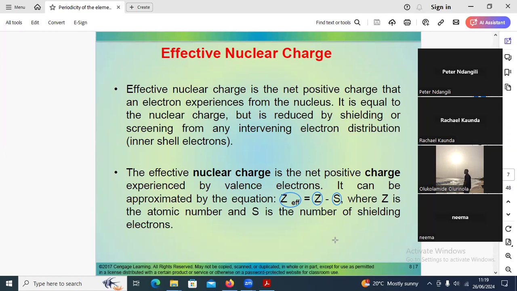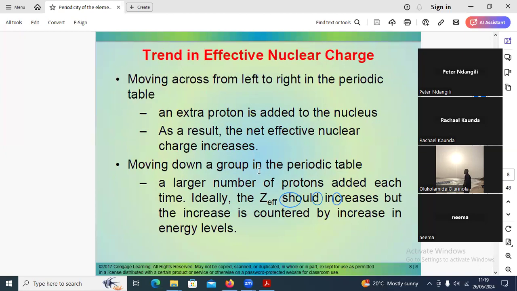When we calculate all that, we get the total shielding effect. That shielding effect is subtracted from the atomic number so that we can get the effective nuclear charge of any electron. It is not a requirement in this unit for us to take you through that calculation, and therefore, for purposes of this, I'll just give this equation and we move on.